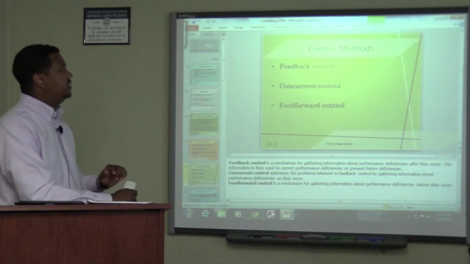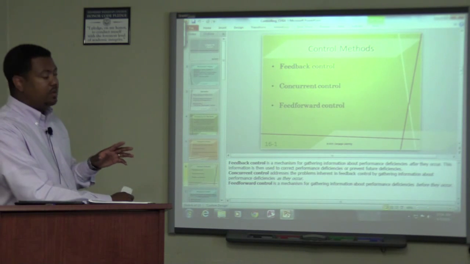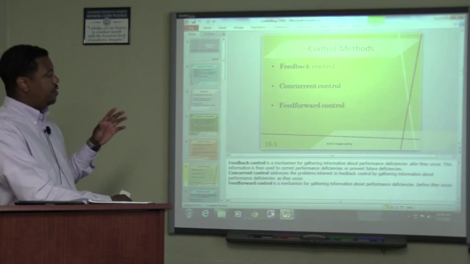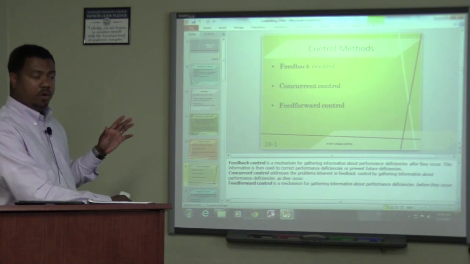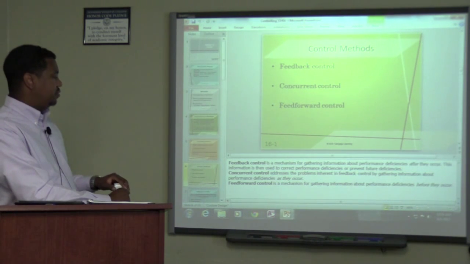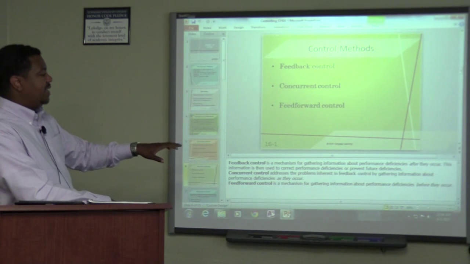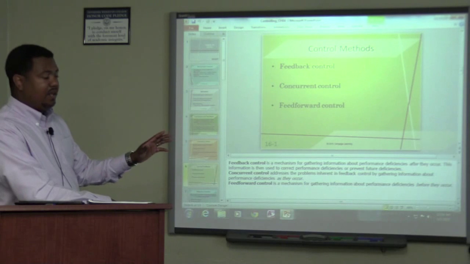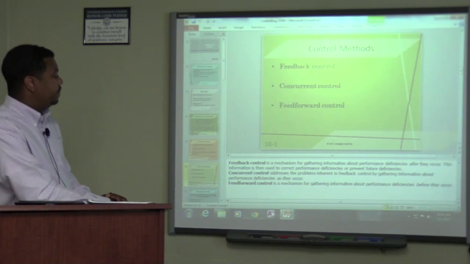We see some good ways we can develop control methods within our organization: feedback control, concurrent control, and feed-forward control. Now, feedback control is that mechanism of how we gather information about performance deficiencies after they have already occurred within our organization.